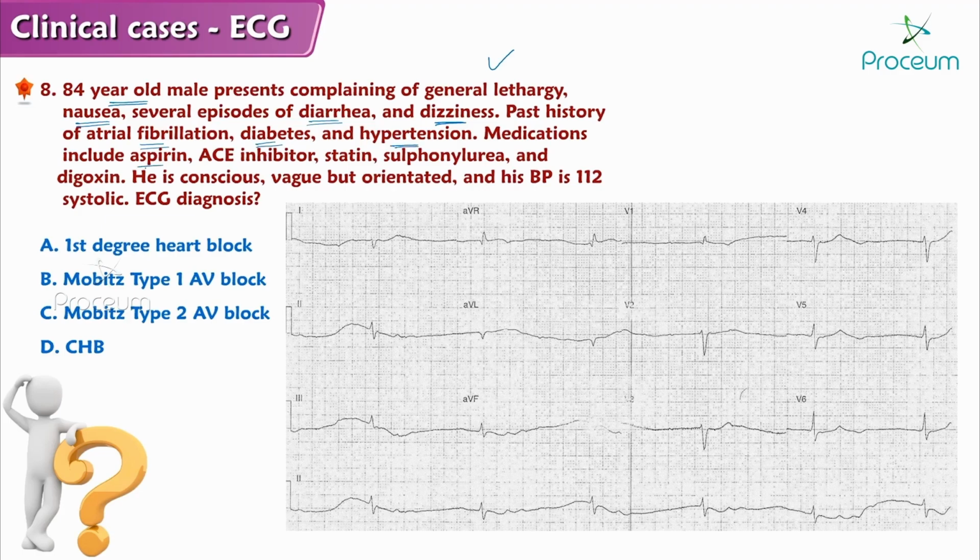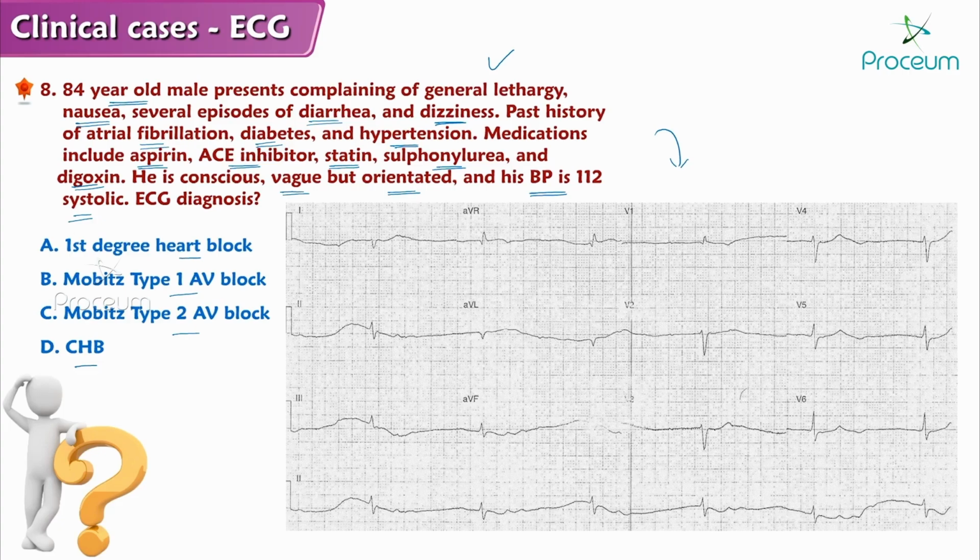Medications include aspirin, ACE inhibitor, statin, sulfonylurea, and digoxin. He is conscious, vague but oriented, and his systolic blood pressure is 112, and ECG is given to you here. The options are first degree AV block, Mobitz type 1 AV block, Mobitz type 2 AV block, and then the complete heart block.